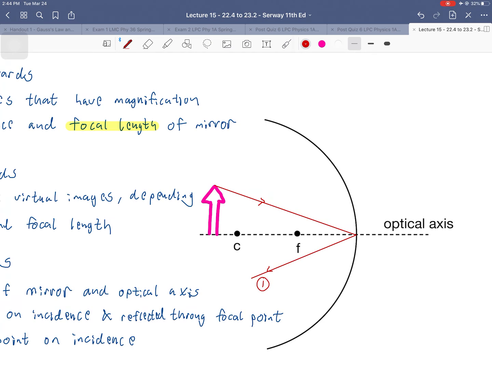And then I'll have principal ray 2. So you can see this one, I didn't have to do any continuations of the ray inside the mirror because in order to pass through the focal point, it is just going to do that naturally because here the focal point is outside of the mirror.